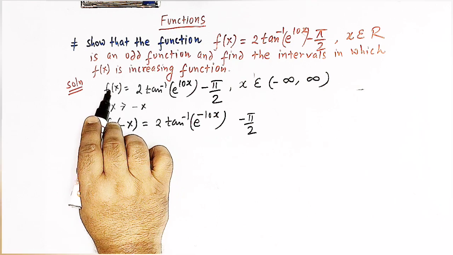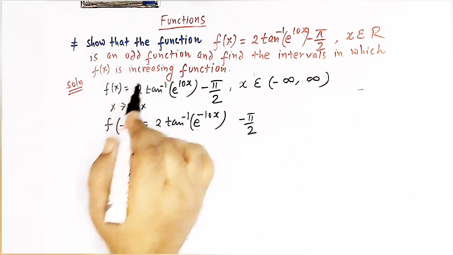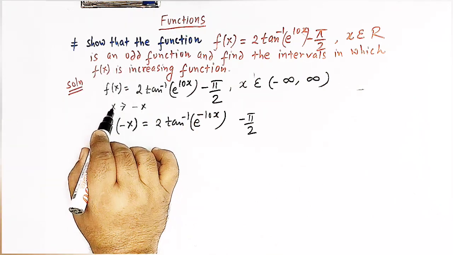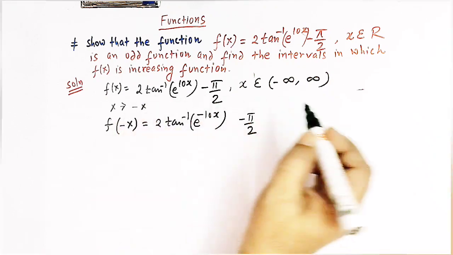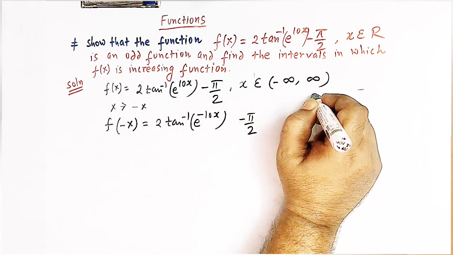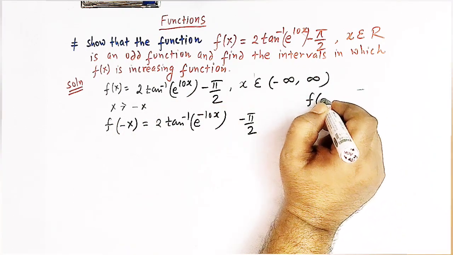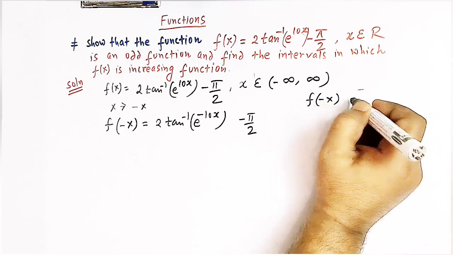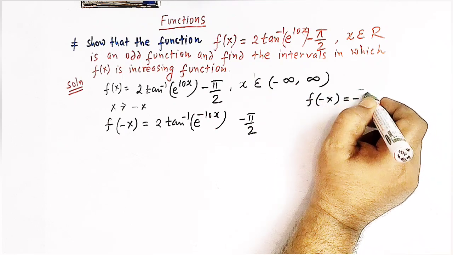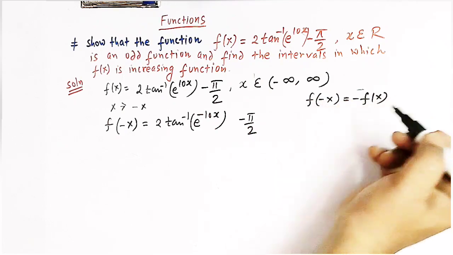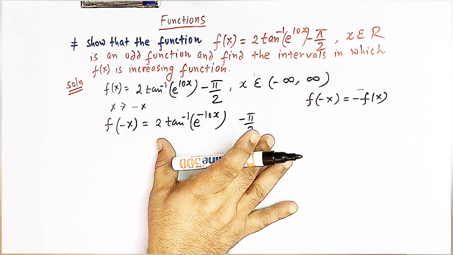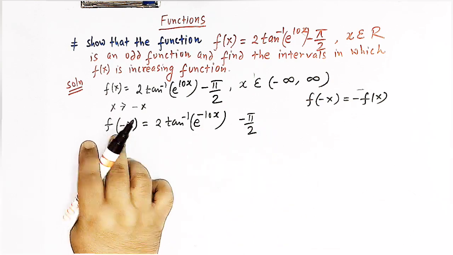To show that the function f of x is an odd function, first we'll replace this x by negative x, then we have to arrive at this result, that is f of minus x is equal to a negative of f of x. So now we have this expression for f of minus x.